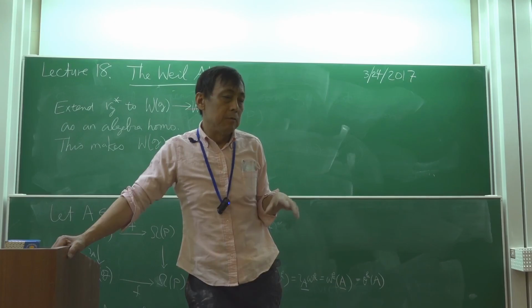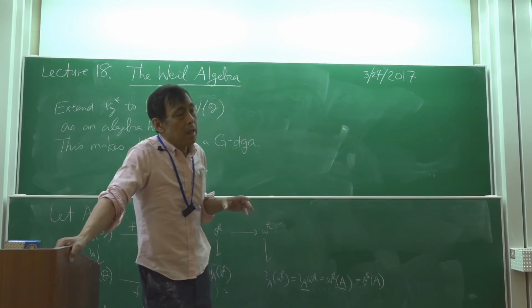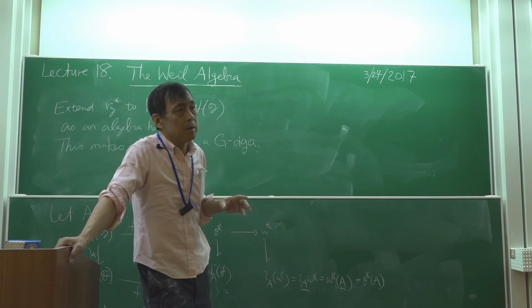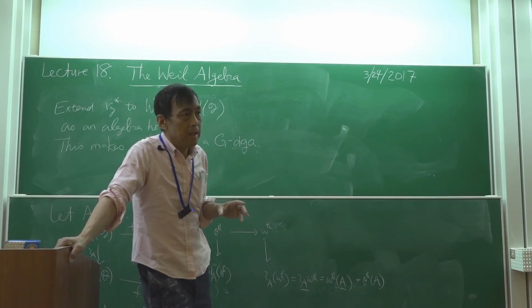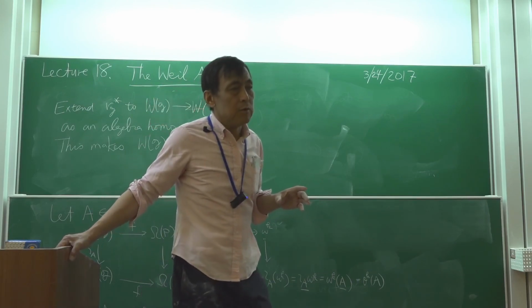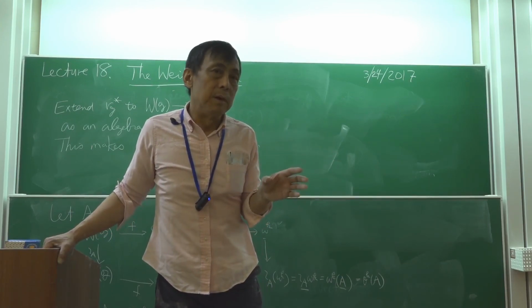Okay? So it's 0 in every dimension except in dimension 0. And so it has the same cohomology as the total space of the universal bundle. Okay? And so the Weil algebra will be the algebraic model for the universal bundle.